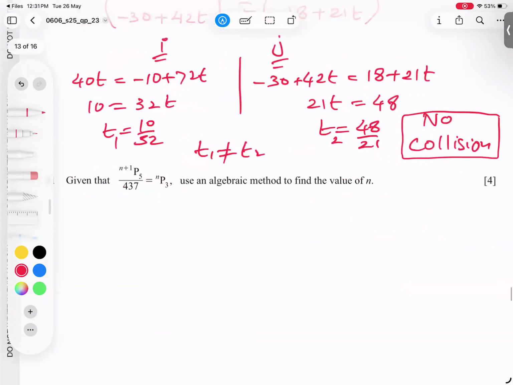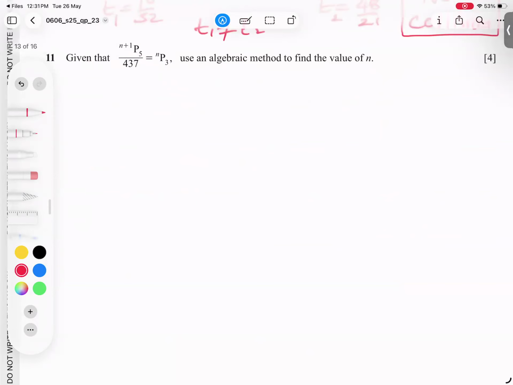And question number 11. So what is the formula for NCR, NPR? Just quick revision. NCR formula is n factorial over r factorial into the difference of n and r factorial. But what is NPR? NPR, you know, this r factorial will not be there, and it is n factorial over n minus r factorial. Applying on the P on the top, so 437 I can bring to the other side.